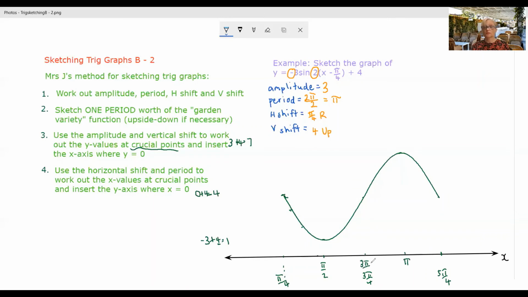So let's actually write these in the proper spot. Let me just get rid of those. Get rid of that down there. And okay, so this is at pi on 4, 3 pi on 4, 4 pi on 4, 5 pi on 4. So each of these distances is pi on 4, and we need to pop our y-axis at 0. So we need to go pi on 4 to the left. So we're going to pop our y-axis there.